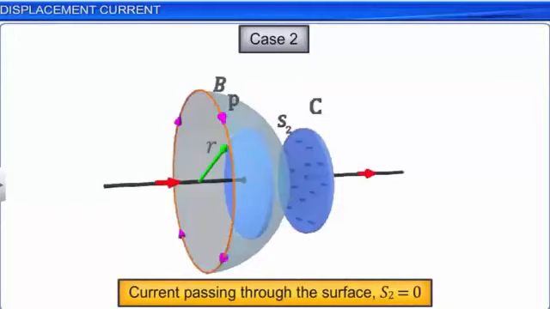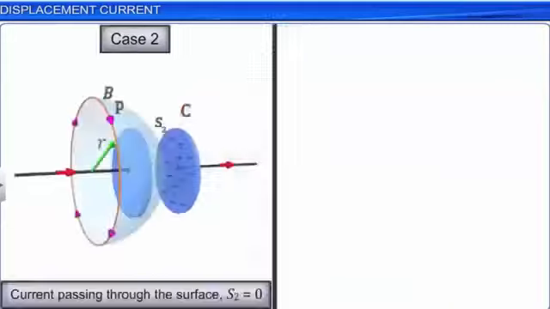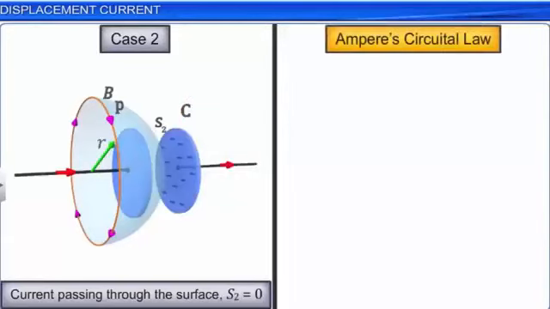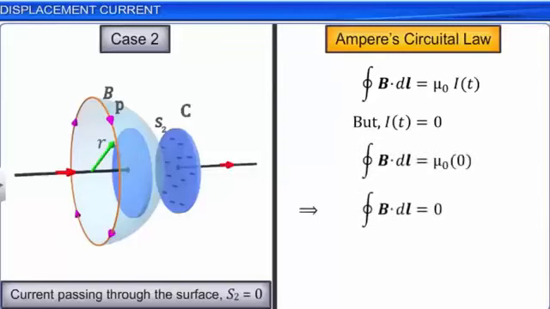From Ampere's circuital law, the integral over the closed loop of B dot dl is equal to mu naught I_T. Since the current enclosed by the surface S2 is 0, the integral over the closed loop of B dot dl is equal to 0. Hence, the magnitude of the magnetic field at point P on the surface S2 is equal to 0.